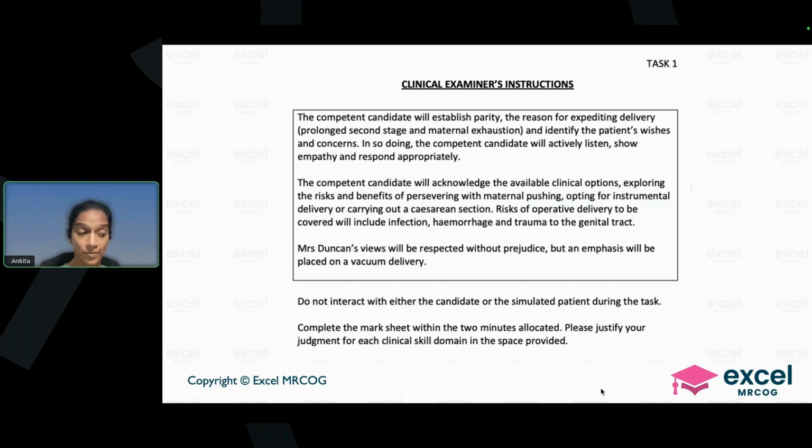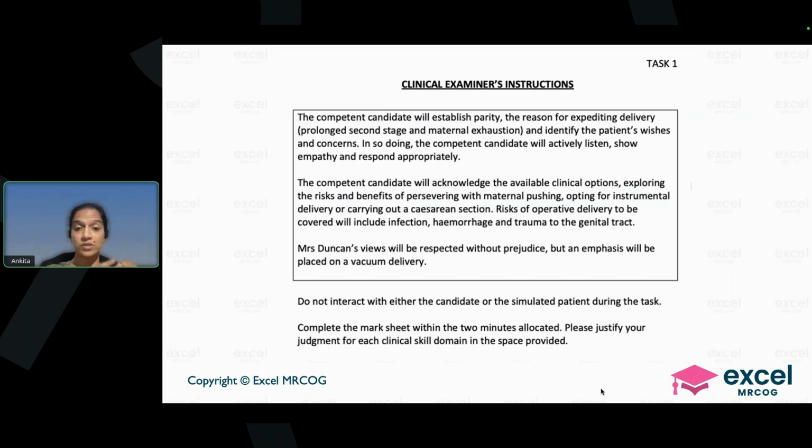However, since your baby is right down in the pelvis, the complications of a cesarean section at this stage are more, and we do expect to have a straightforward instrumental delivery, and that is why you favor instrumentation at this stage. Okay, so that is what you need to tell her.